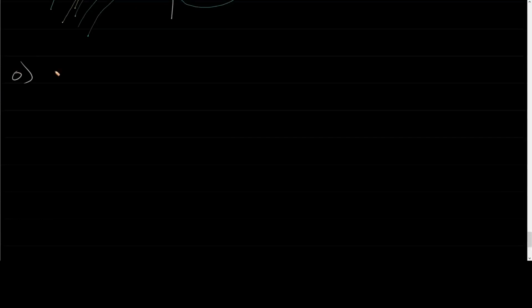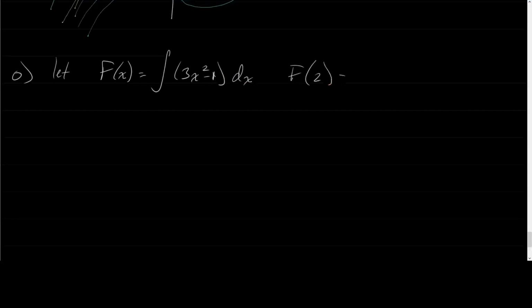Let's say let this function f of x be equal to the integral of 3x squared minus 1 dx. And let's say that I already know that f of 2 is equal to 4. So this right here, that's what we're calling our initial condition or our initial value.